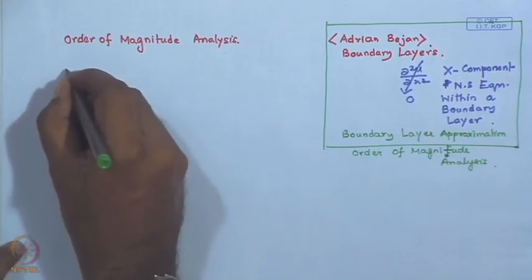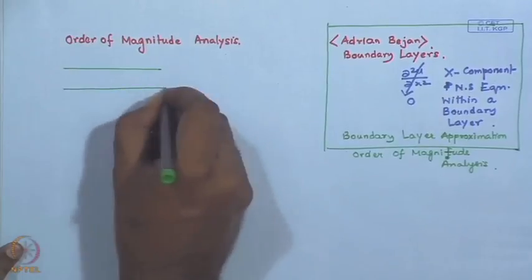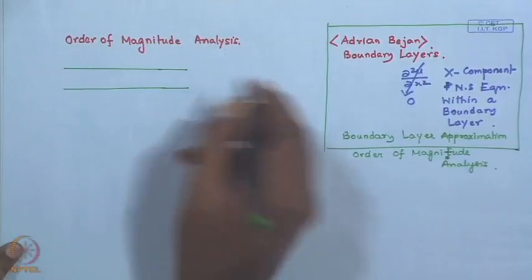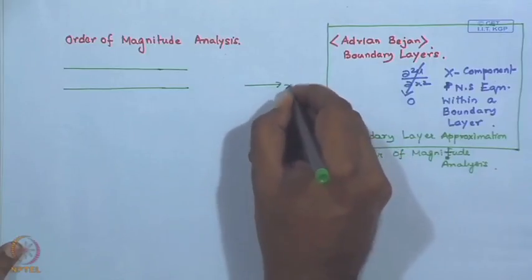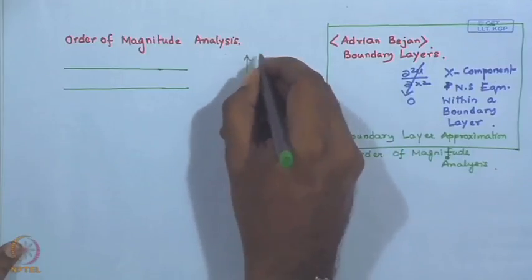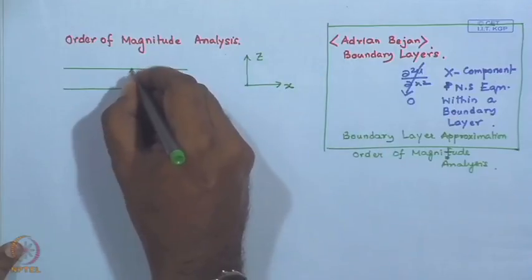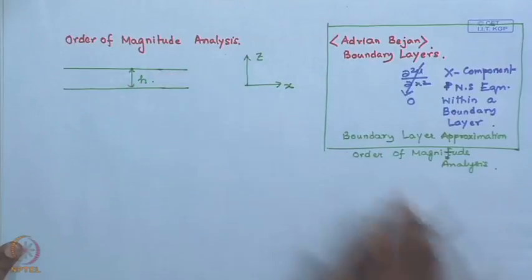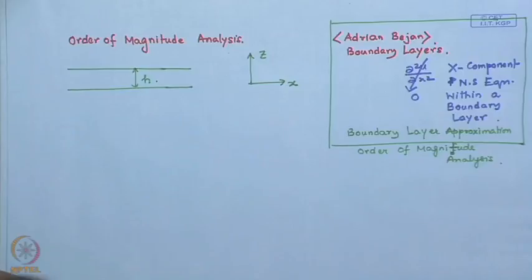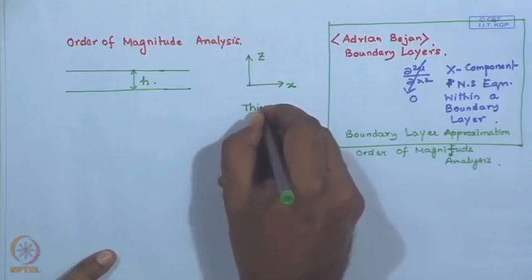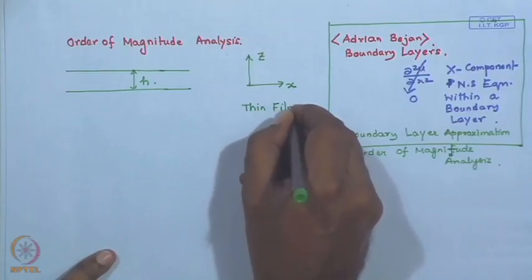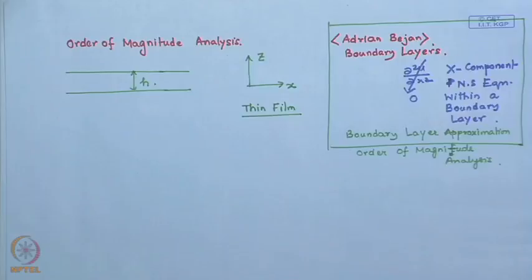So, let us say I will also give you some simple concepts. We have a film like this, and this is our coordinate system we have chosen, x and z. We have identified that the film thickness is h. Of course, the film can be very thin, because we are talking about a thin film where we have the interfacial interaction to be active.